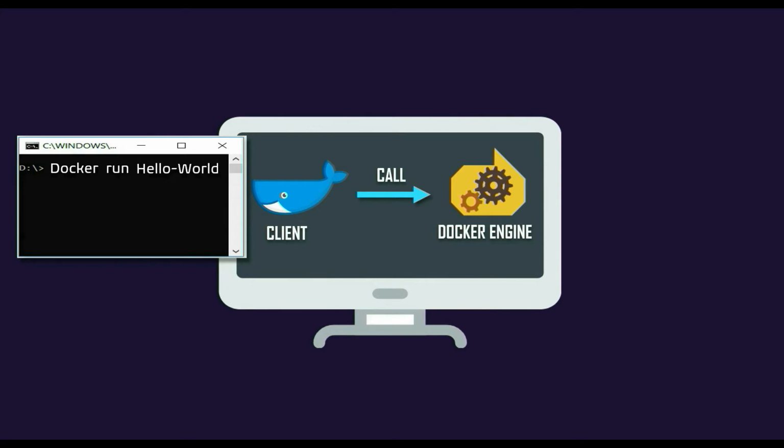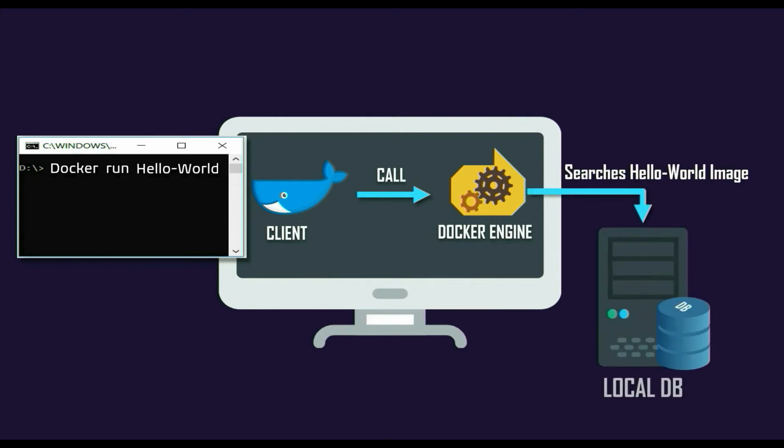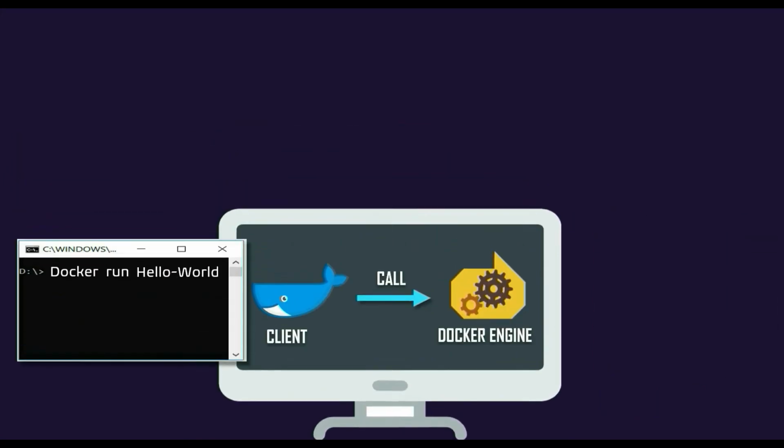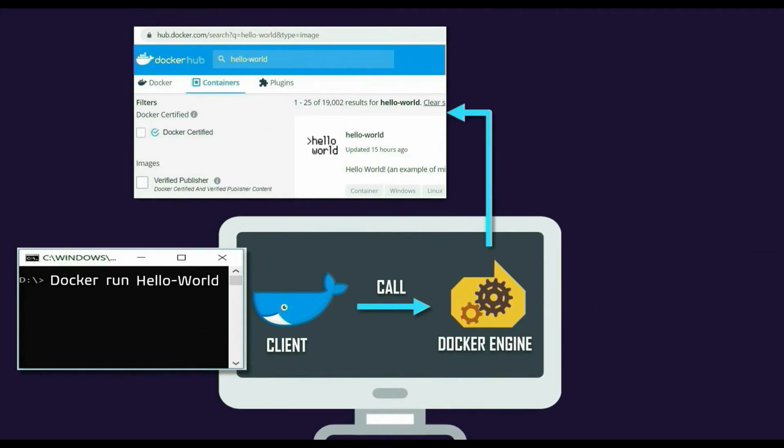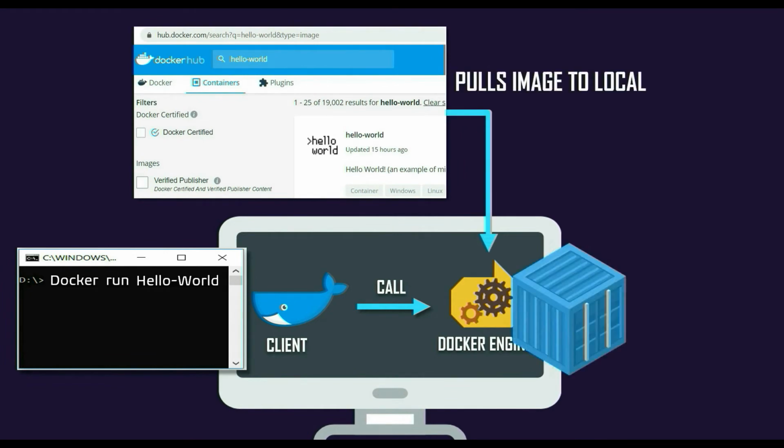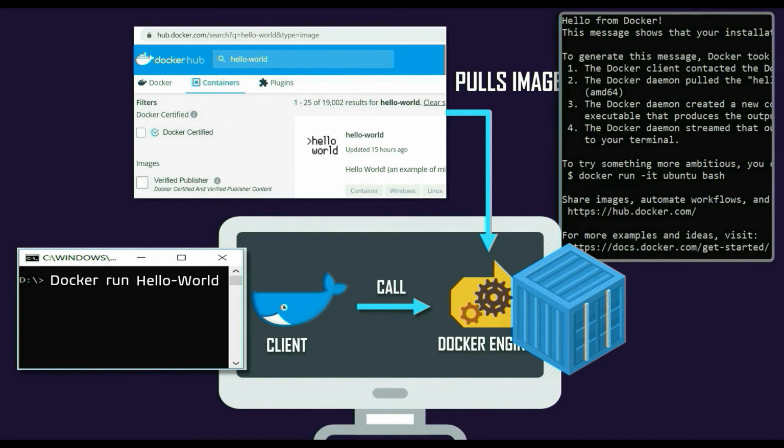Docker engine looks for the hello-world image in its local repository. In our case, since we are running this container for the first time, it does not find that image locally. So what does it do? It makes a call to Docker Hub, pulls the image for you, creates a container, and runs it locally, and you get the output.